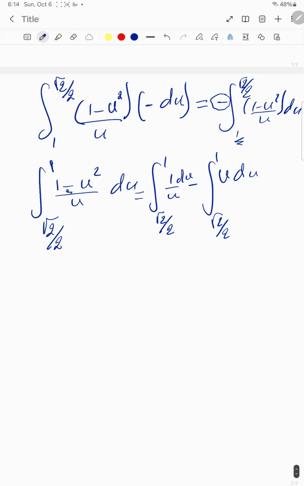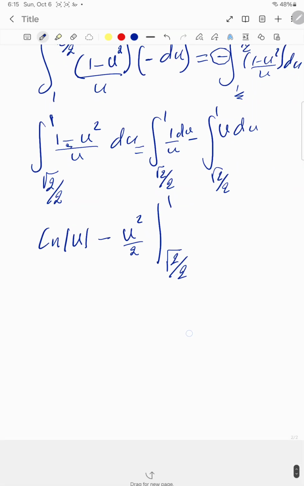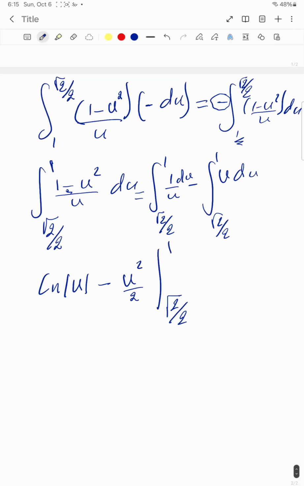So that's easy now to solve. 1 divided by u, it's a formula. It is ln of absolute value of u. I will put the boundaries at the end, minus u square divided by 2, and all that between square root of 2 divided by 2 and 1. And when I put ln, I put the absolute value because the ln of a negative number does not exist, so that's why I put the absolute value.